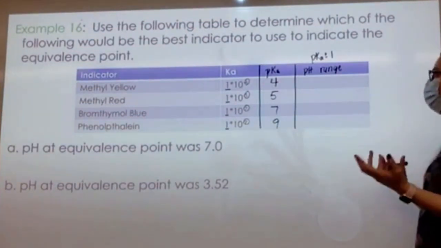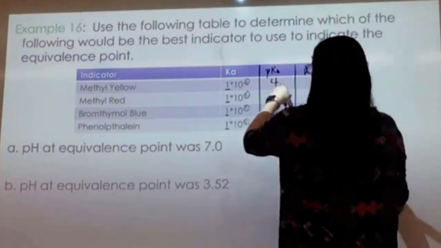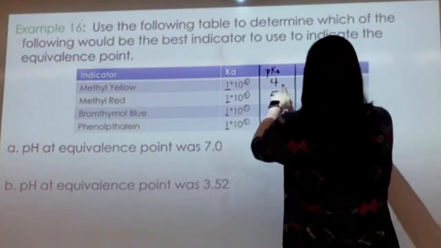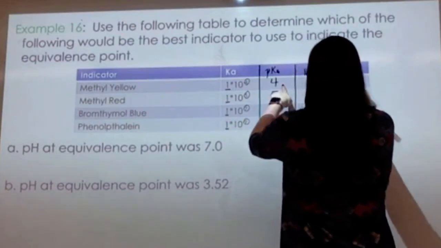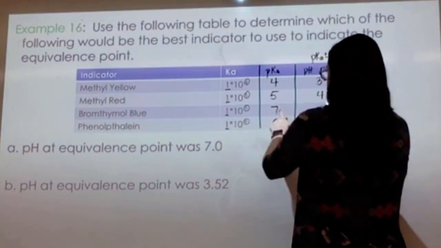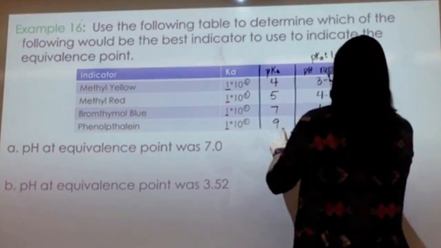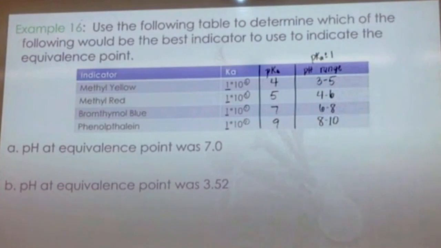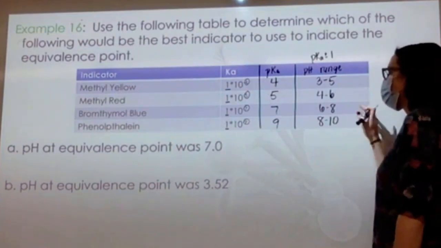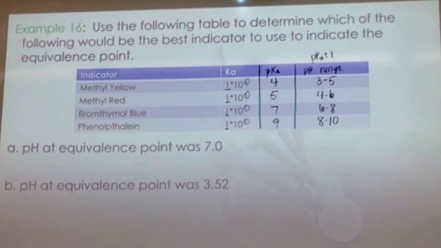If you have Ka or pKa, what's the range? Well, if this is a pKa of 4, the range is 3 to 5. Methyl red is 4 to 6. Bromothymol blue is 6 to 8. Phenolphthalein is 8 to 10. These are the ranges that the indicators change color.